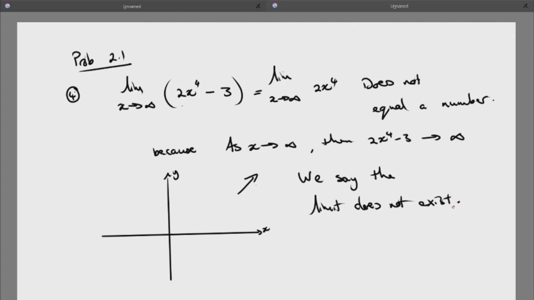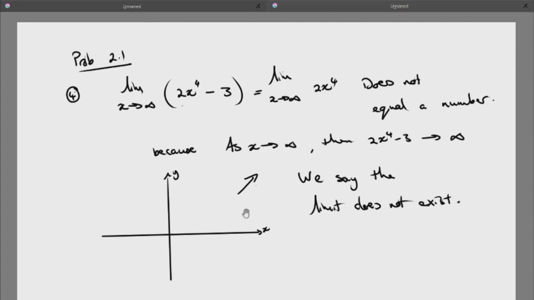The limit only exists if our behavior of the function approaches a number. And in many cases, like just basic polynomials, it's going to go up or down indefinitely, doesn't approach a number, it's not stabilizing to a specific level. The limit does not exist.